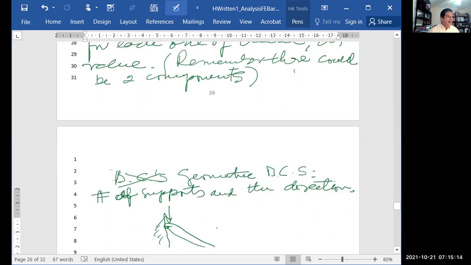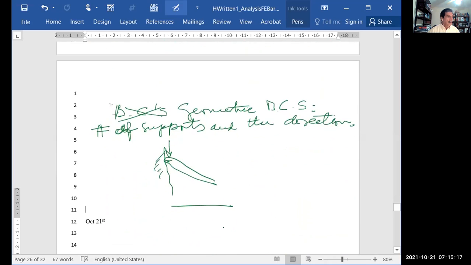Then this is extremely important. We need the boundary conditions, or in this case, remember that the only conditions that we input are geometric boundary conditions, okay? So we need to specify how many supports do we have, and for each of them, we need to specify the direction, okay? For example, in this case, you don't have the possibility of moving in the X direction, okay?